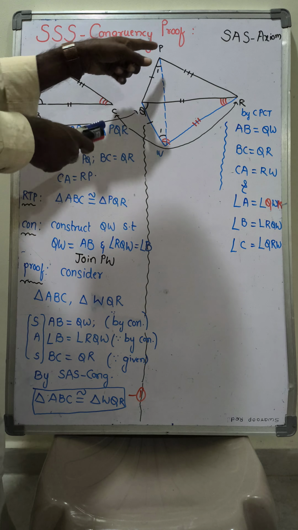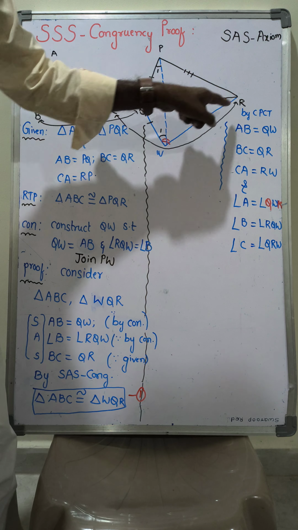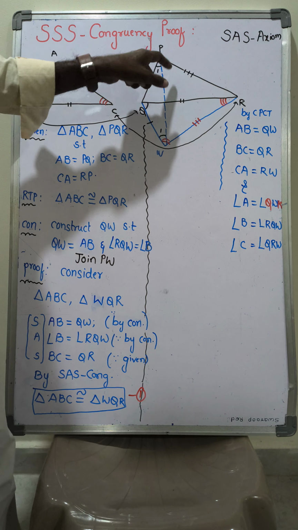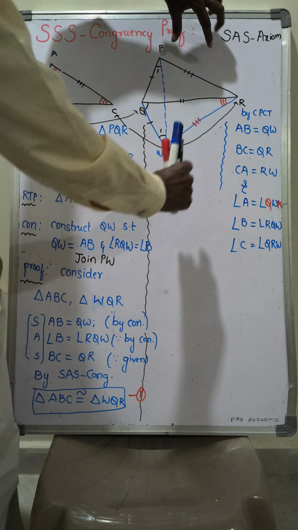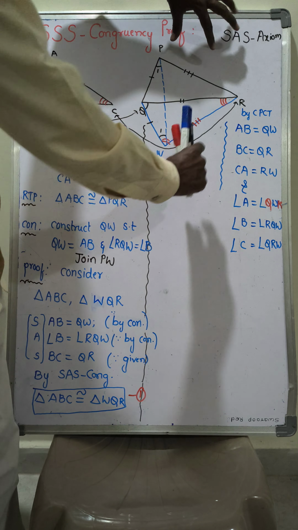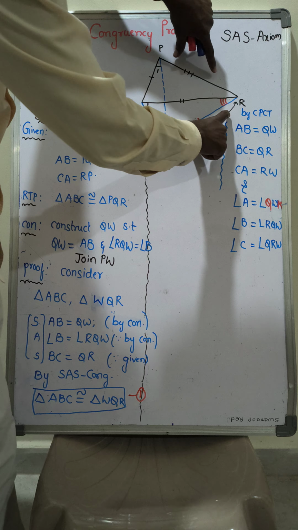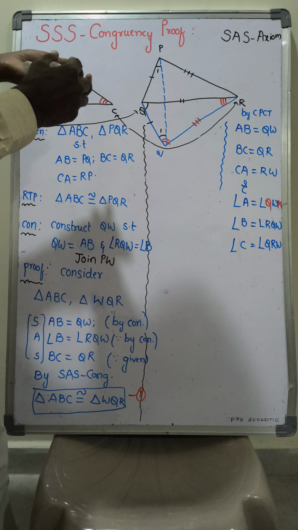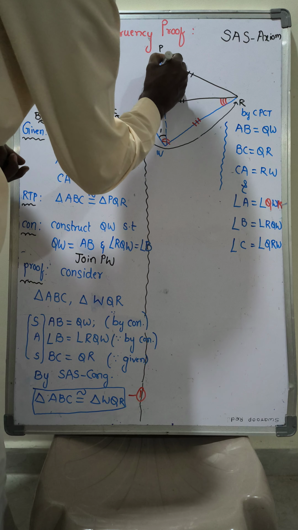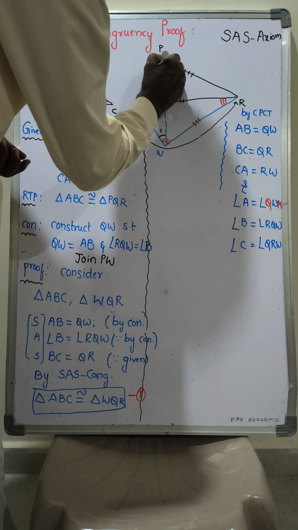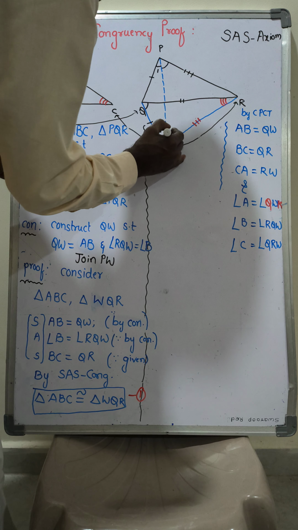Next, go to the other triangle. What is that? RPW. You can see another triangle RPW, and if you observe closely, PR is equal to RW. These two sides are equal, so here also we get an isosceles triangle. Therefore their opposite angles are also equal, so the angle over here and the angle over here are equal.